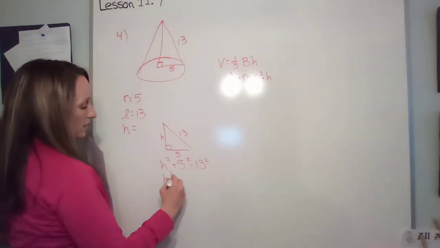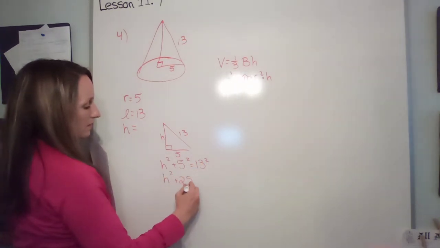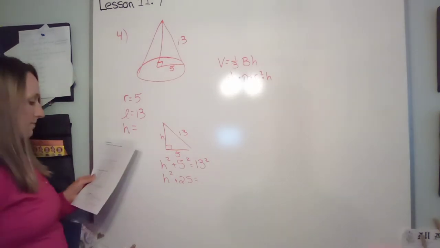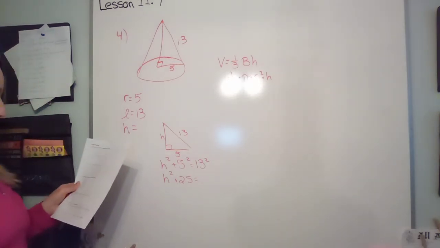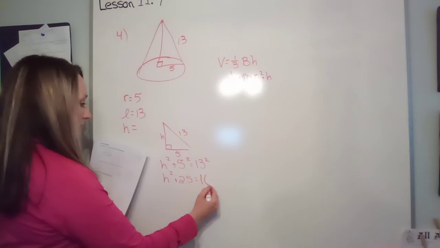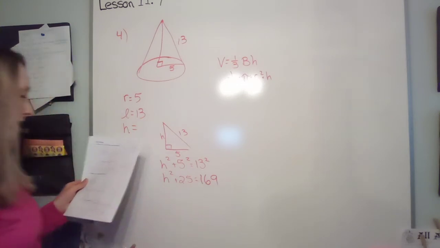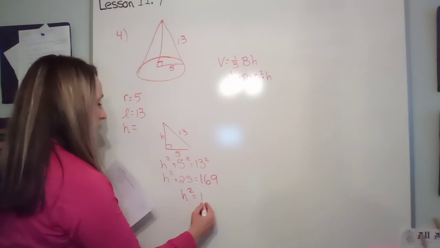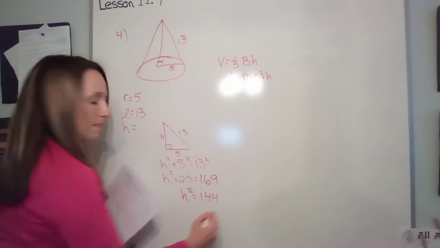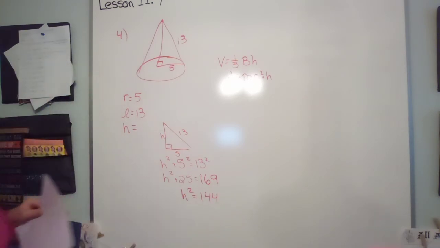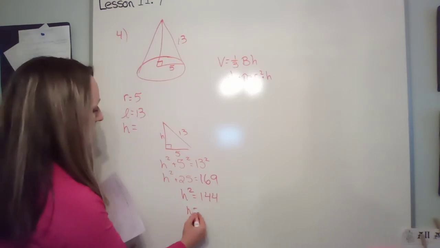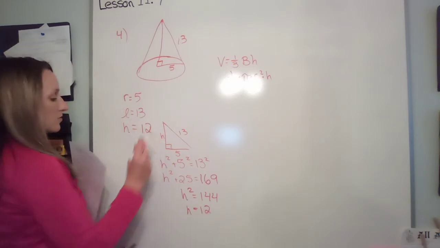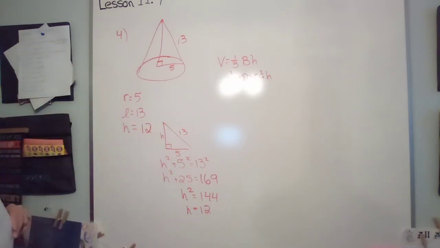So h squared plus 25 equals 169. Subtract 25 from both sides to get 144. Take the square root of both sides and you'll get 12. This was a Pythagorean triple, a 5, 12, 13. So you may have known that without doing the Pythagorean theorem, which is fine as well.